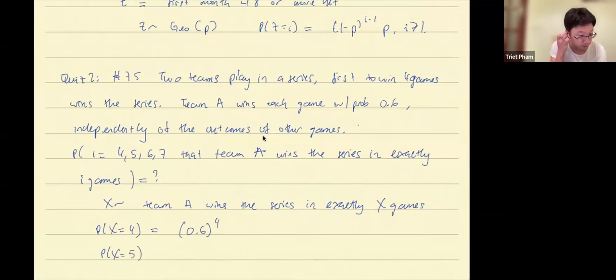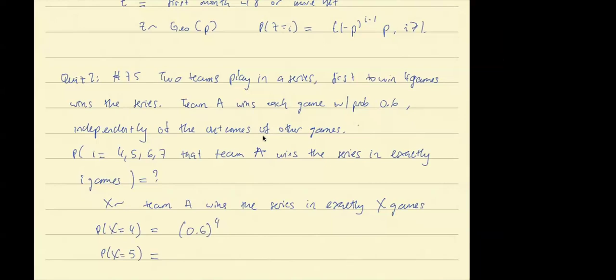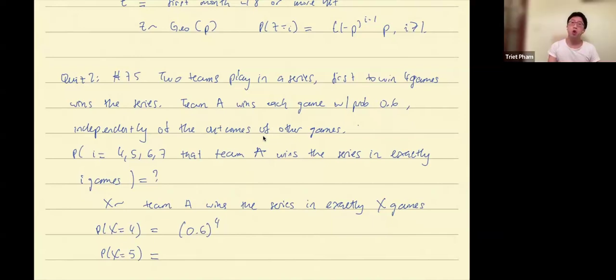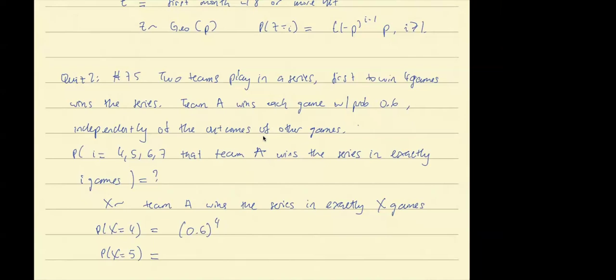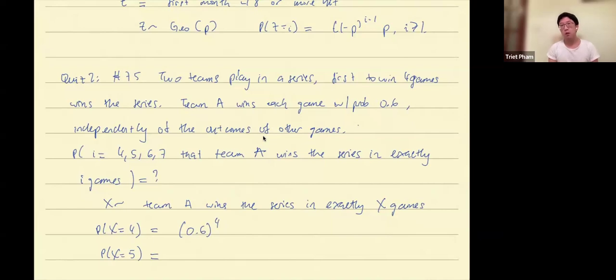Or no, X equals 5. 5 choose 4, 0.6 to the 4, and 0.4 to 1. Not 5 choose 4, that's wrong. It's 4 choose 3. The reason is the last game must be a win for team A. Agree?